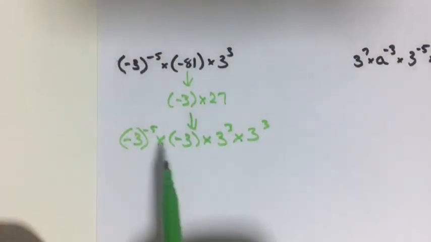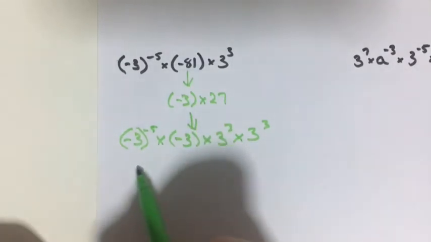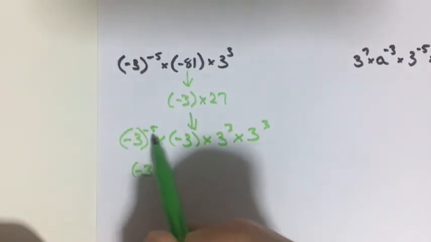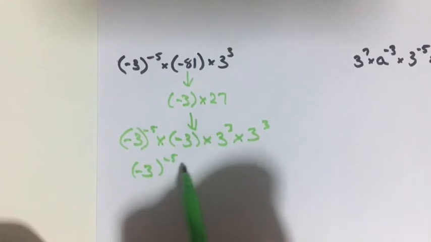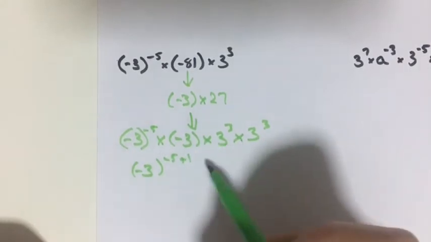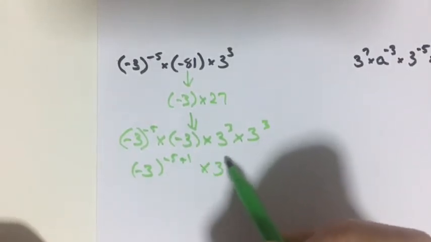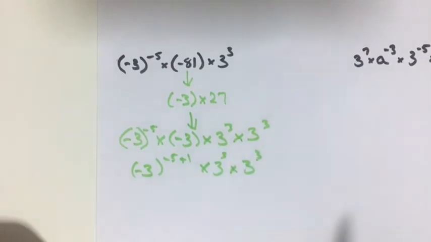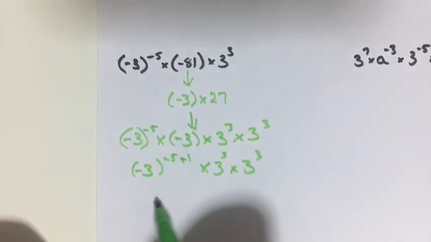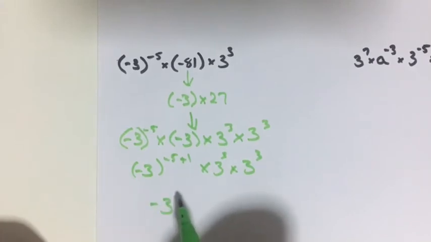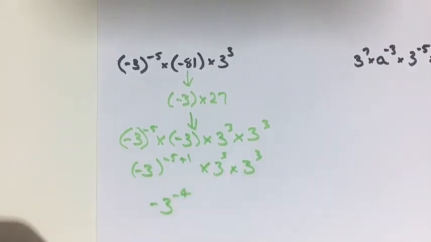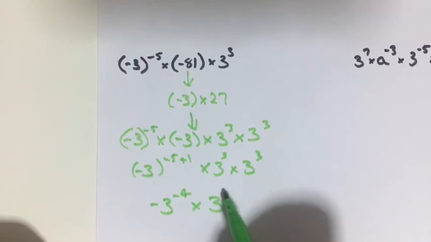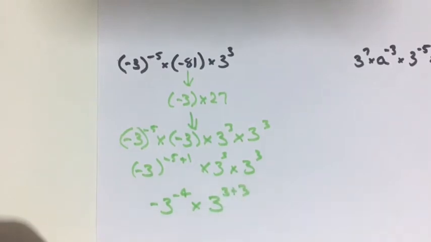Now let's combine our like terms. So we have negative 3 to the negative 5 plus 1 times positive 3 to the 3 times positive 3 to the 3. This is going to give us negative 3 to the negative 4 times 3 to the 3 plus 3.